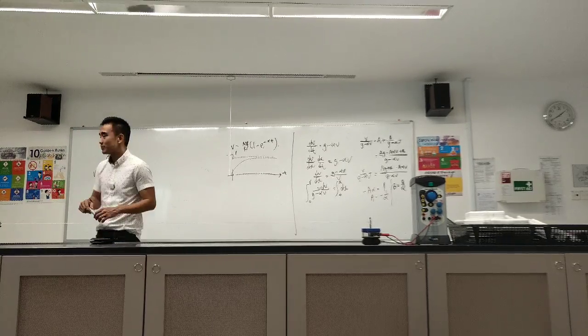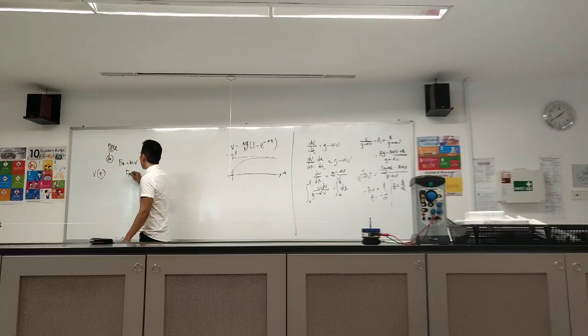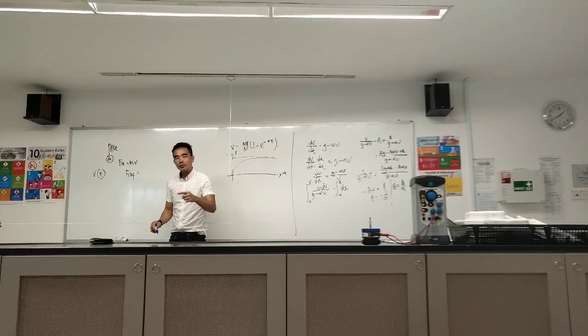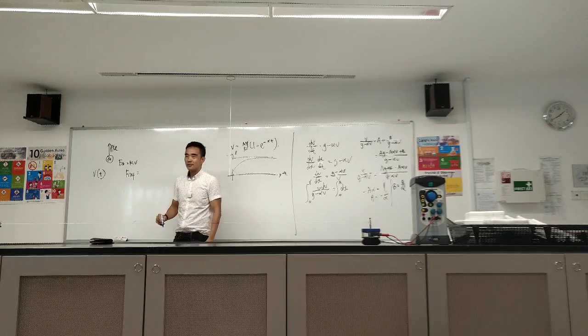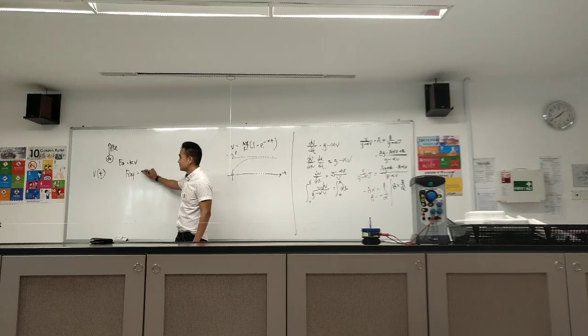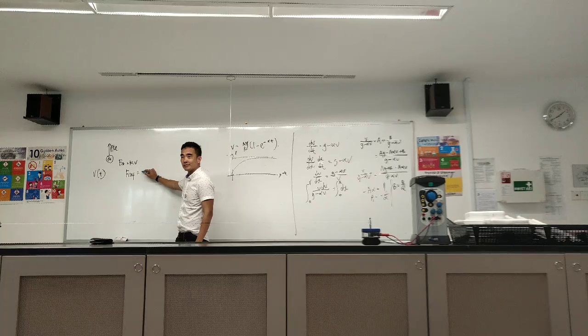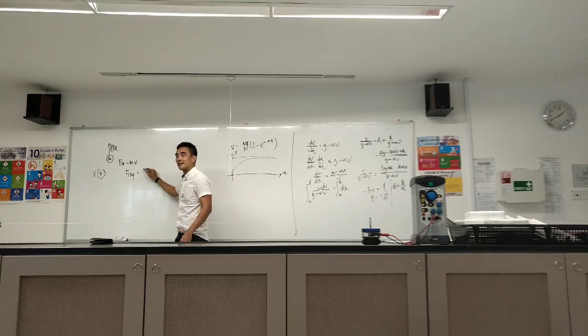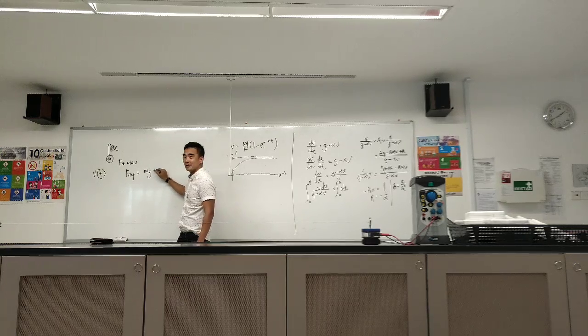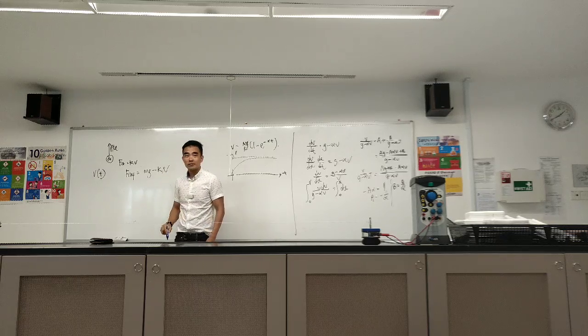So can you tell me what's the expression for the net force? F net equals, up to the point before it comes to rest, the net force is equal to? Anyone? Mg obviously and minus kV? Correct or not?